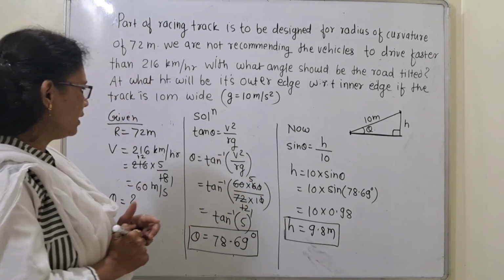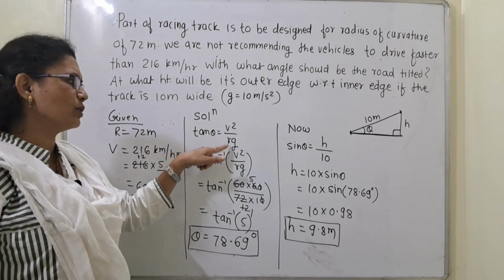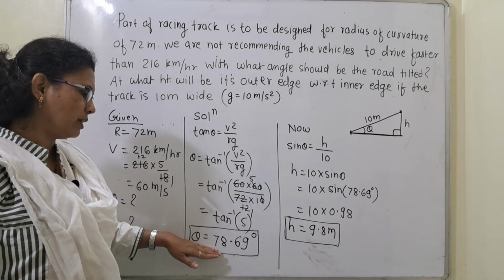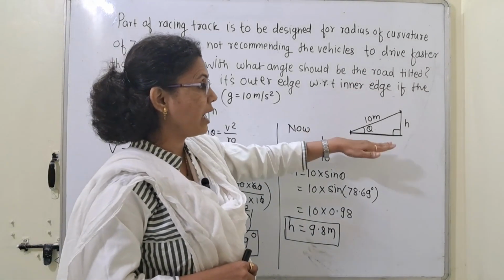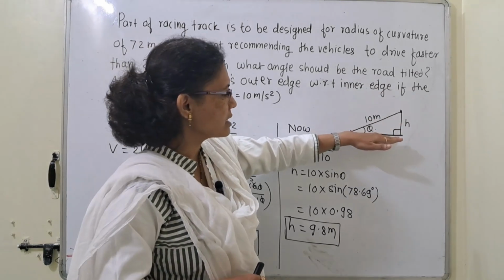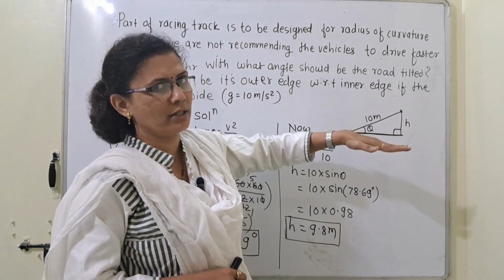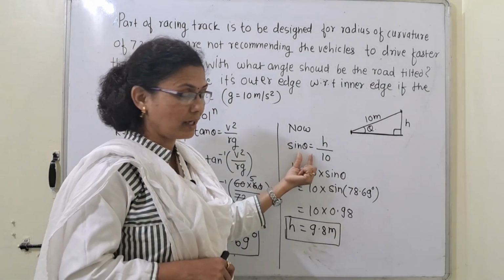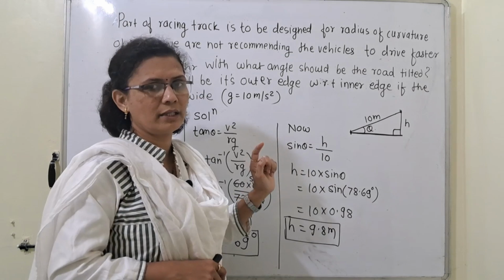So what we have done here: we first found the angle theta by the formula tan theta is equal to v square upon rg. So theta becomes 78.69 degree. But we have to find the inclination height, that is the height made by this inclined road with the horizontal, that h. So I can use sine theta here. Sine theta is opposite upon hypotenuse, therefore h by 10.